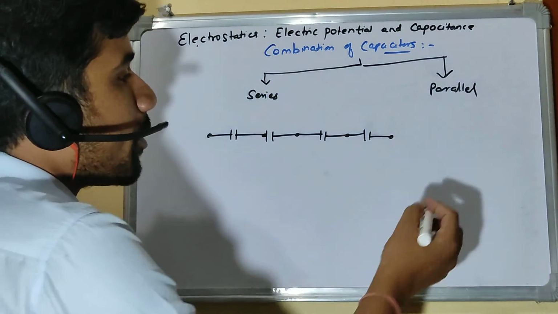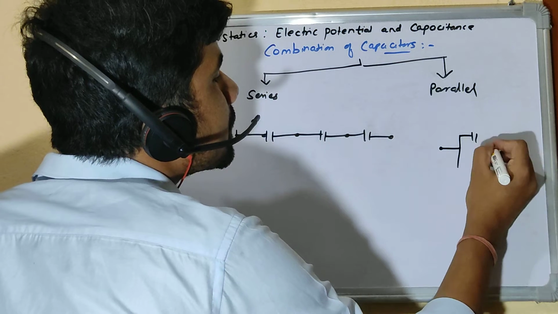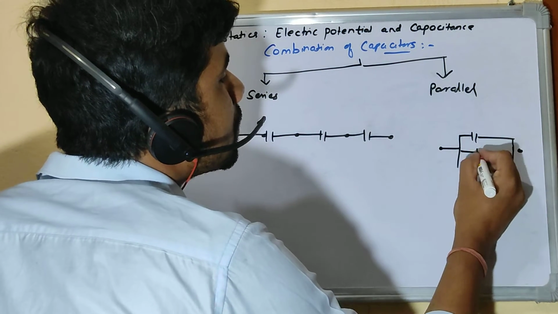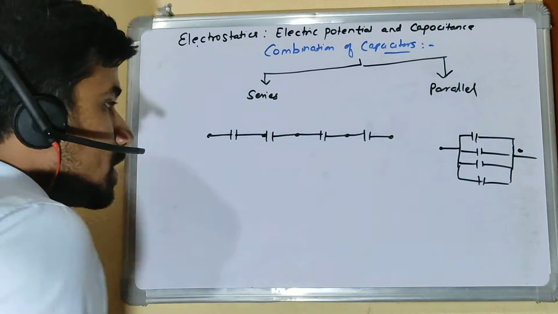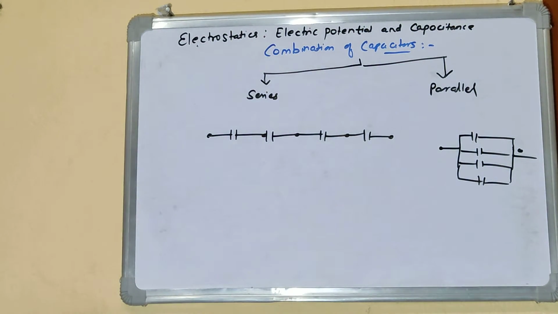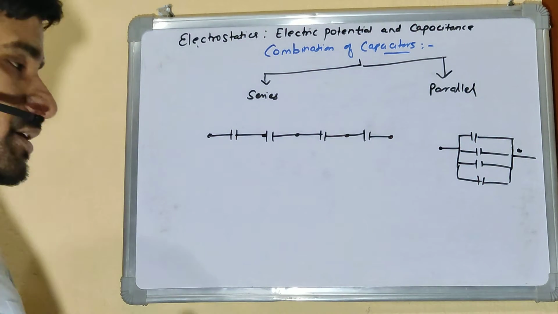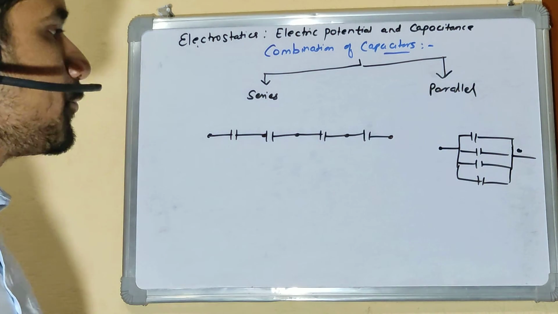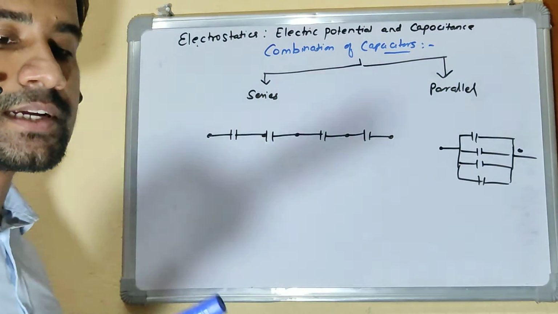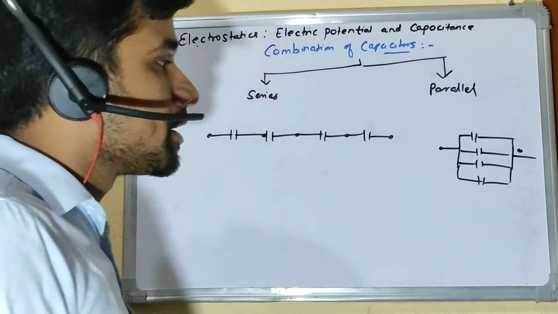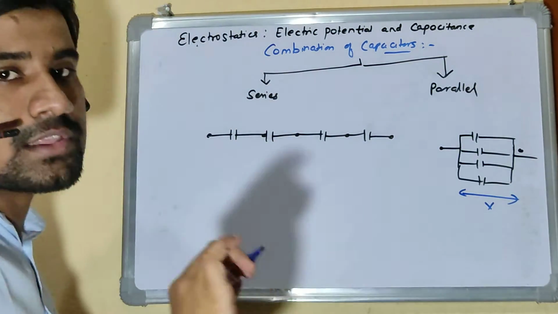A parallel combination is a combination between 2 points. If I take 2 points and connect multiple capacitors between these 2 points, this combination is called a parallel combination. Now what is the difference between these two combinations? In a parallel combination, the potential difference V is the same across all the capacitors.